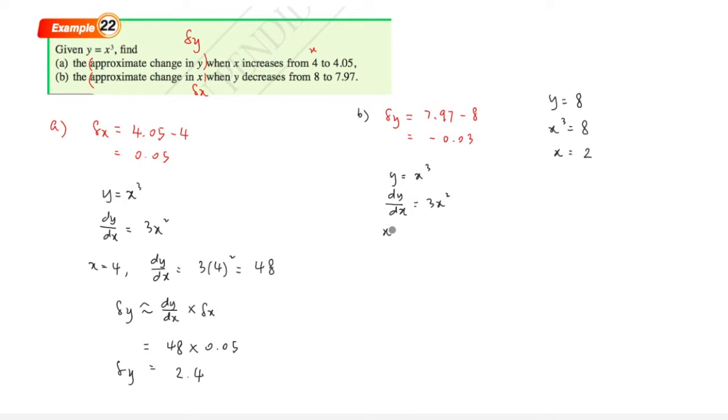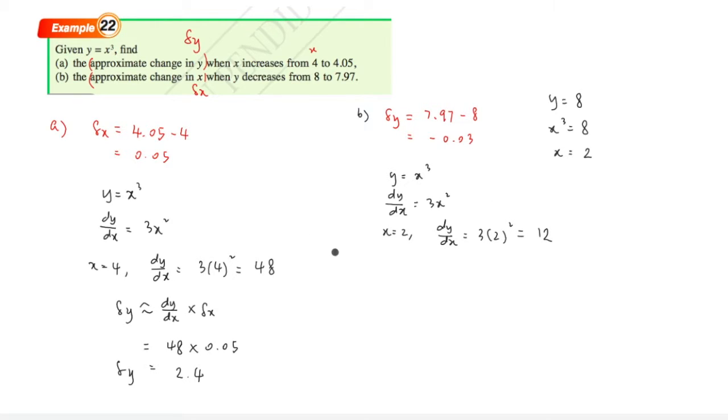When x equals 2, because when y equals 8, x equals 2. So when x equals 2, dy/dx equals 3x squared, which equals 12.